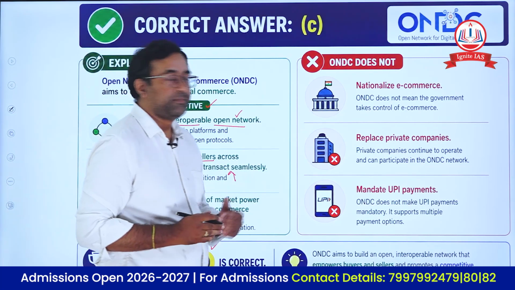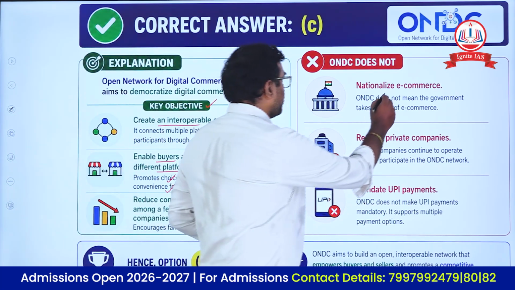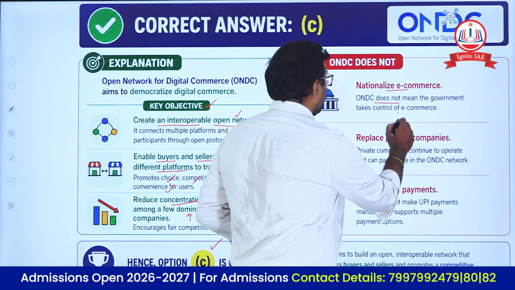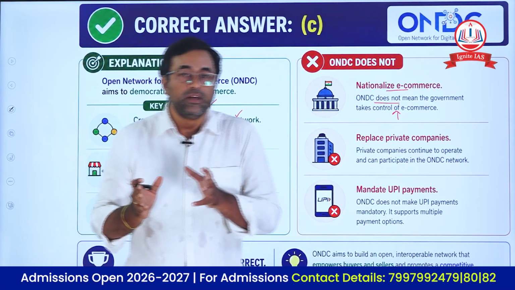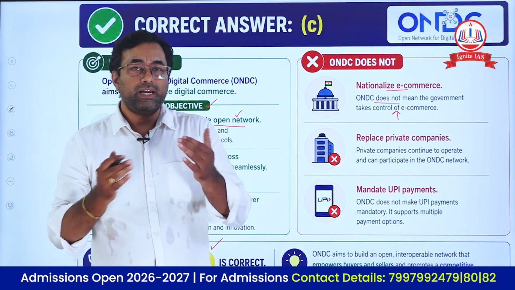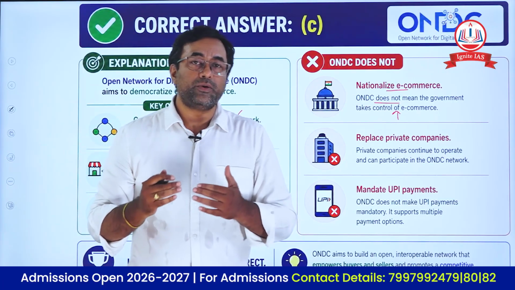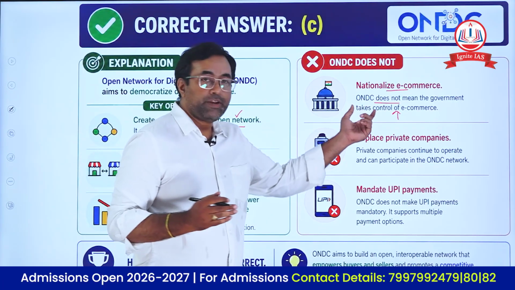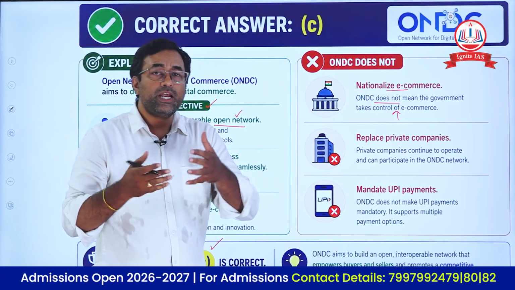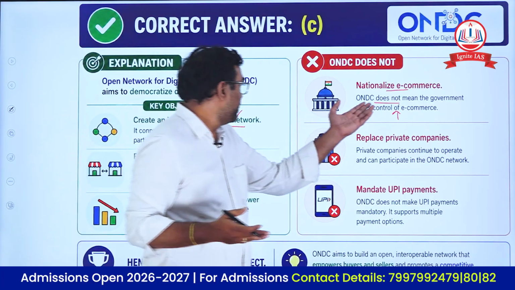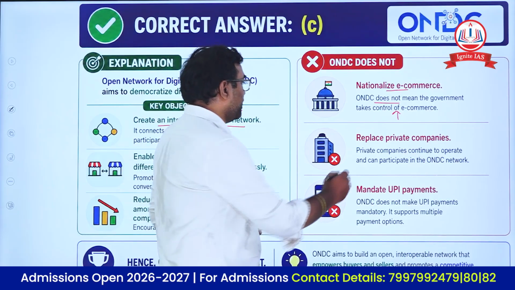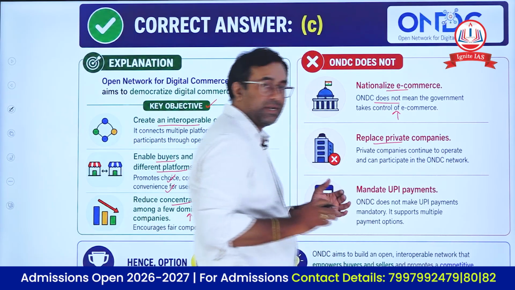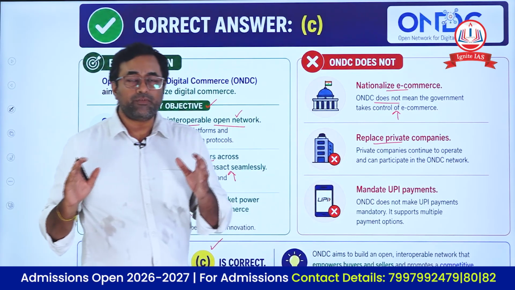ONDC is not a national e-commerce platform, because ONDC does not mean the government takes control of e-commerce. Government will support the suppliers as well as buyers. It doesn't control them; it is offering only an online platform. So that is not correct. And replacing private companies: government doesn't replace any of the private players.